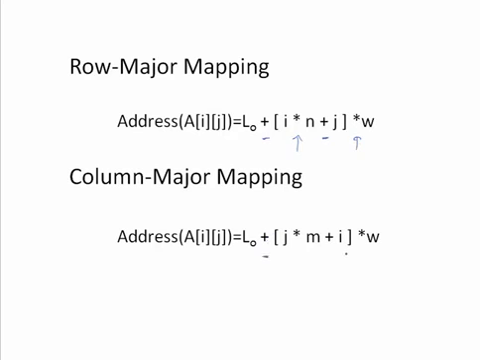So here also 2 additions and 2 multiplications. So we can say that both the formulas are equally efficient, so a compiler can use any one of the formulas. If we are developing our own language, then we can use any one of these formulas. But the C language and all other languages that belong to the C family use row major mapping.